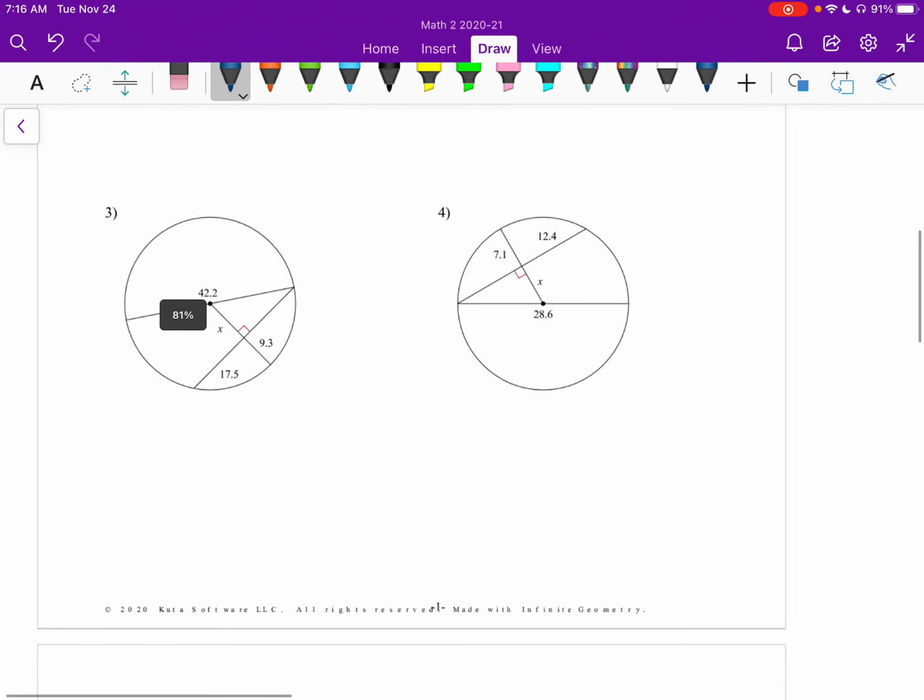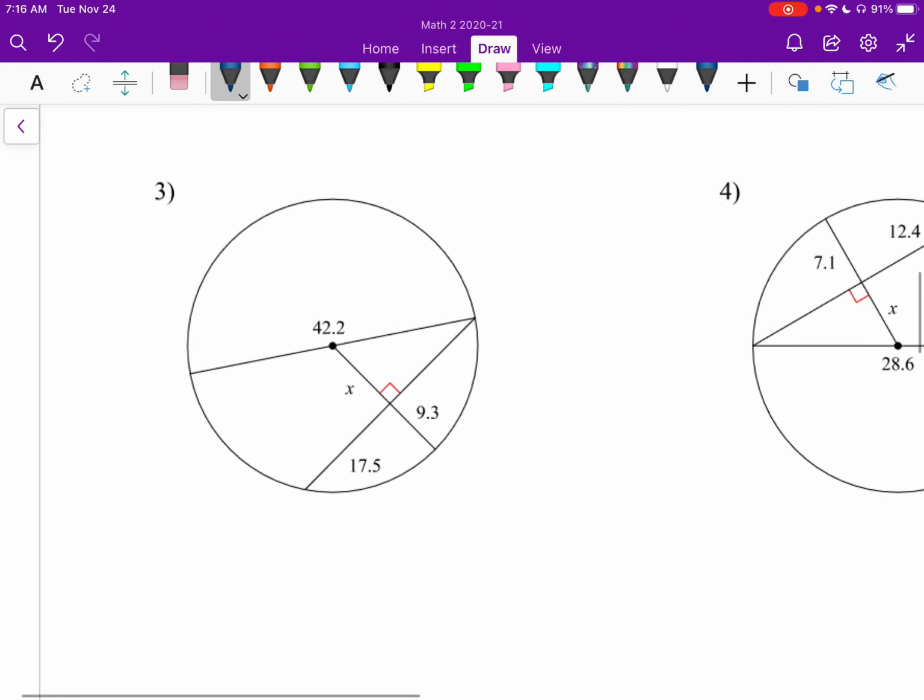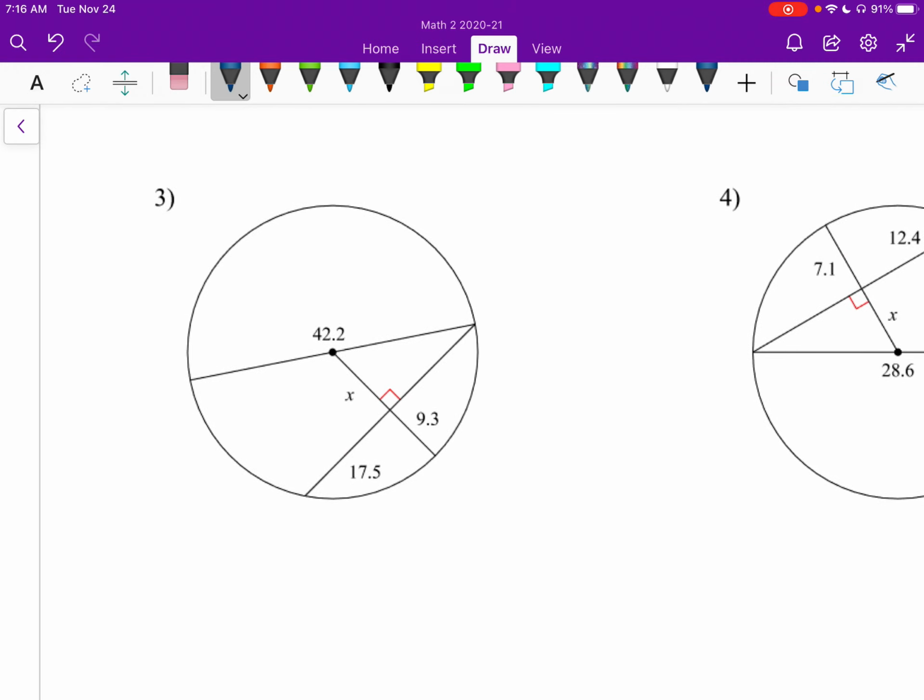All right, number 3. So here's my x. How do we want to solve this? There's a couple different ways that I see to solve it. We know that this whole piece is a radius.